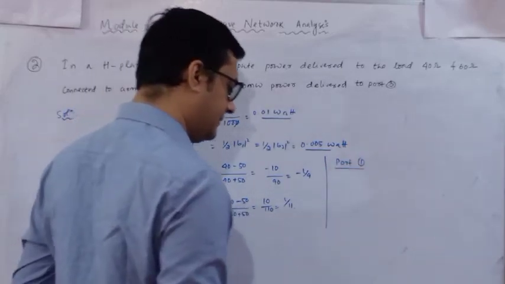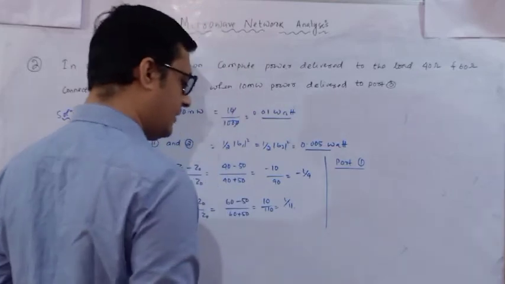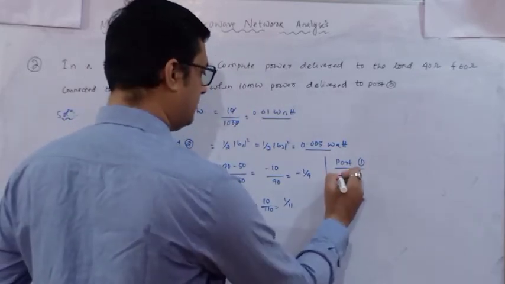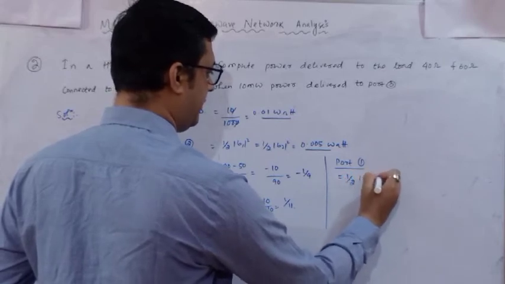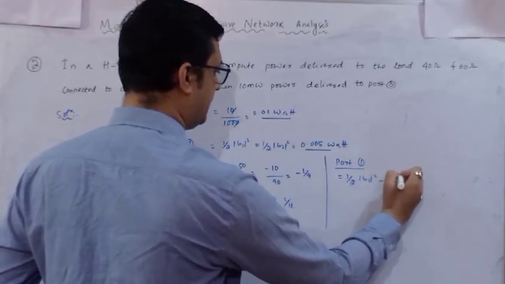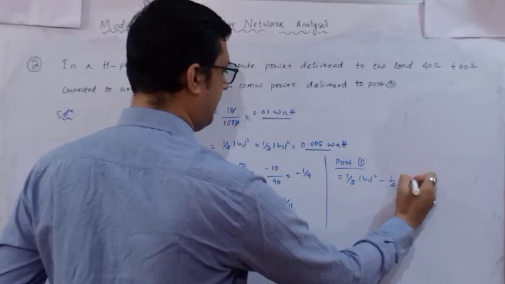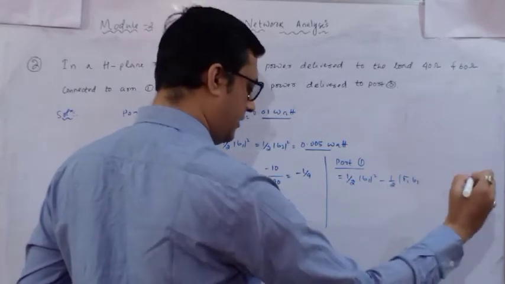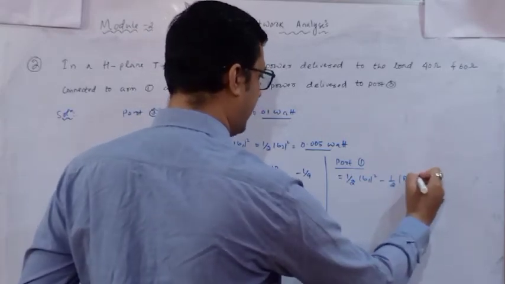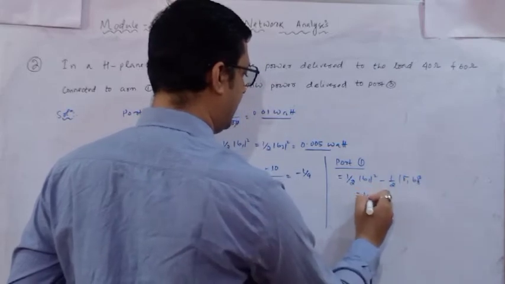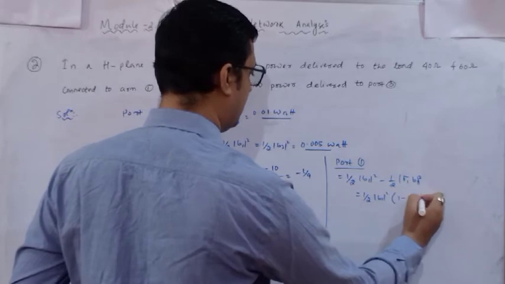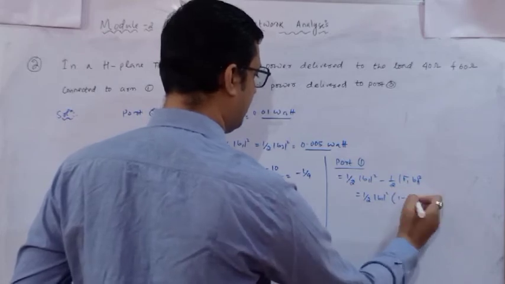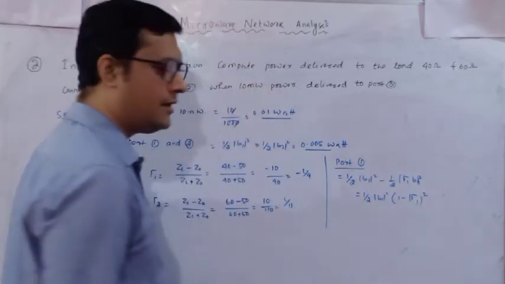So power at port 1 is equal to half mod B1 square minus half mod reflection coefficient 1 square into B1 square. So here I can take half B1 square whole into (1 minus reflection coefficient 1 square).